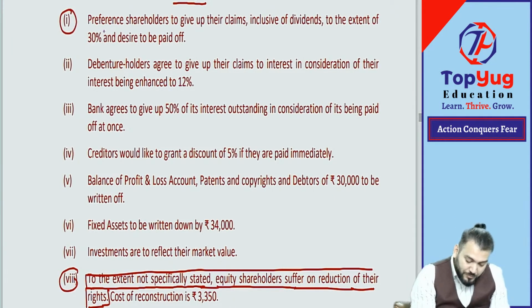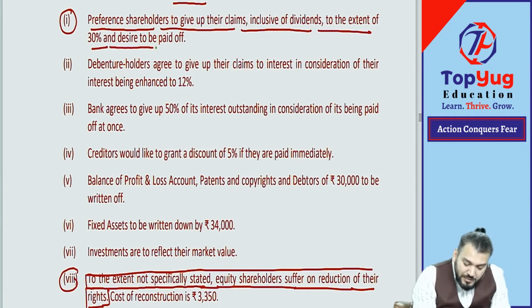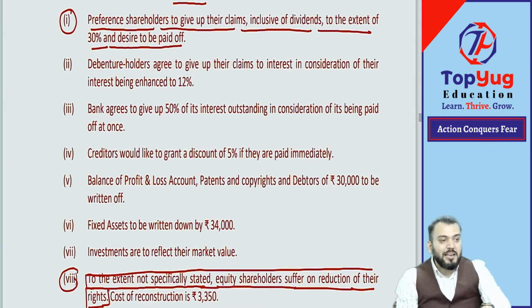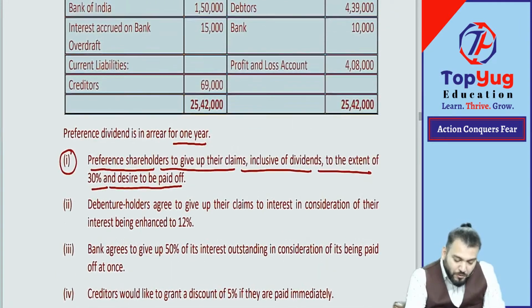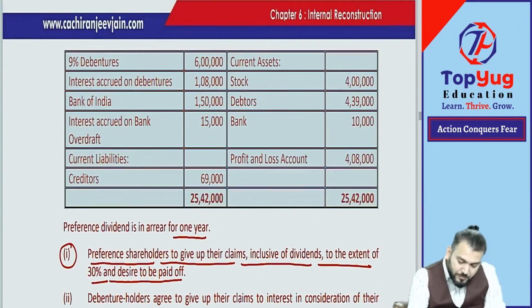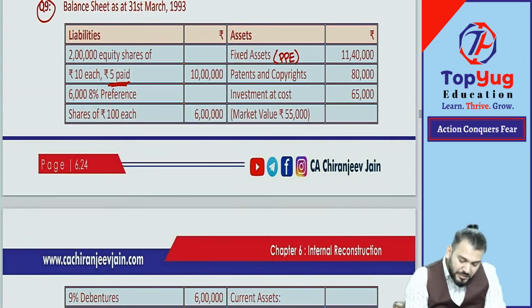Can we read? Point number 1. Preference shareholders give up their claim, inclusive of dividend, to the extent of 30% and desire to be paid off. The balance, 70%, will be paid off. Correct? So what is the amount of preference share capital? We'll check. It is 6 lakh. Correct? Can we do?